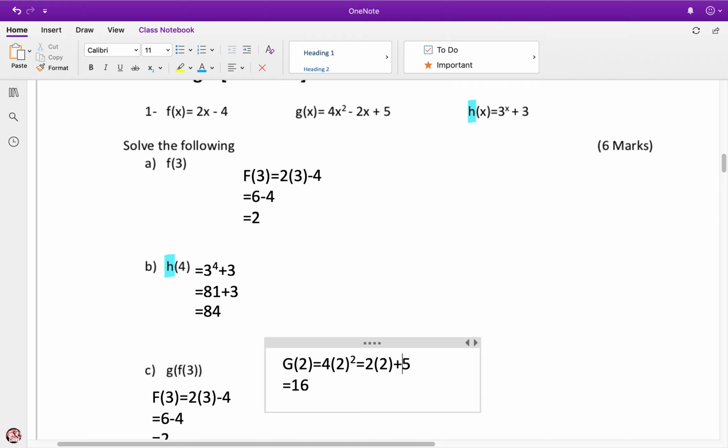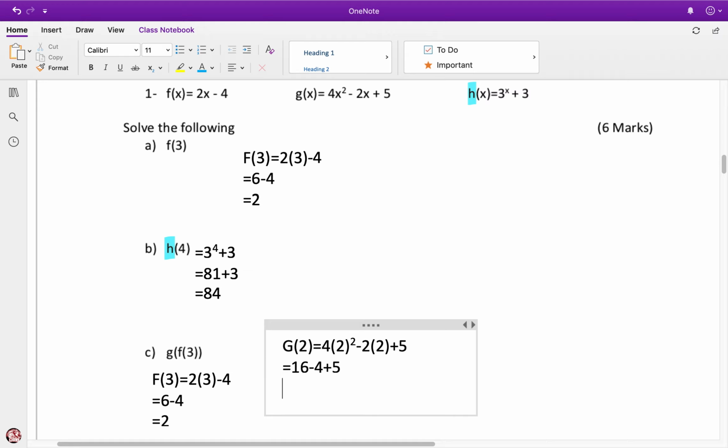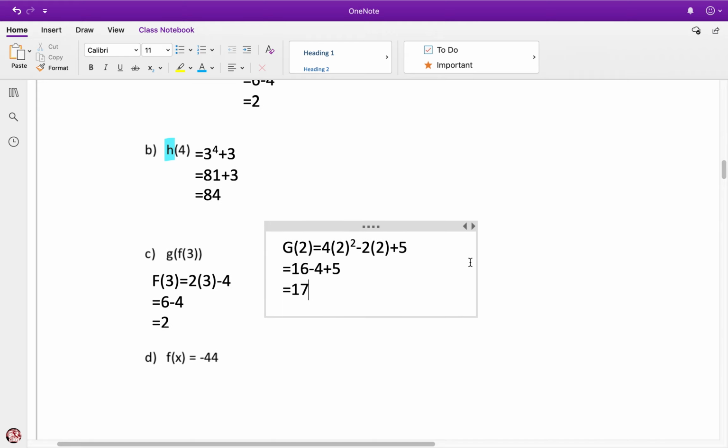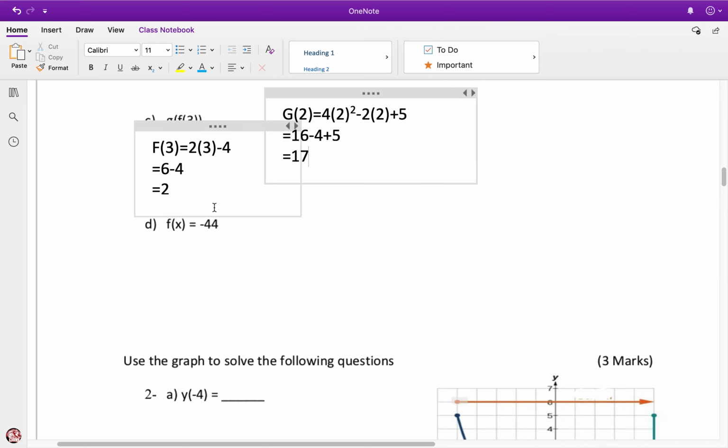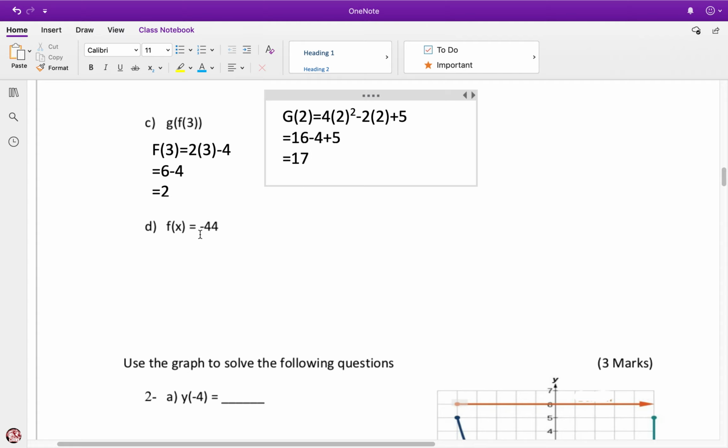Oops, should be minus. It's going to be minus 4 plus 5, which is going to equal 17. Am I right? Minus 4, yes.